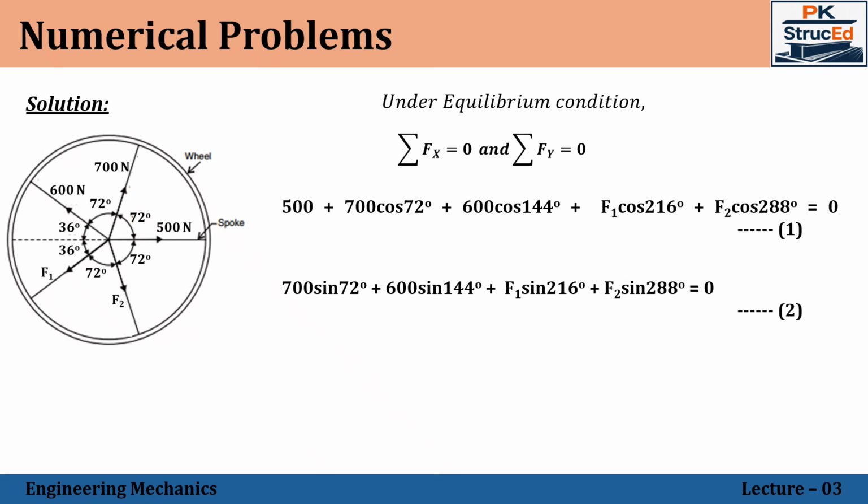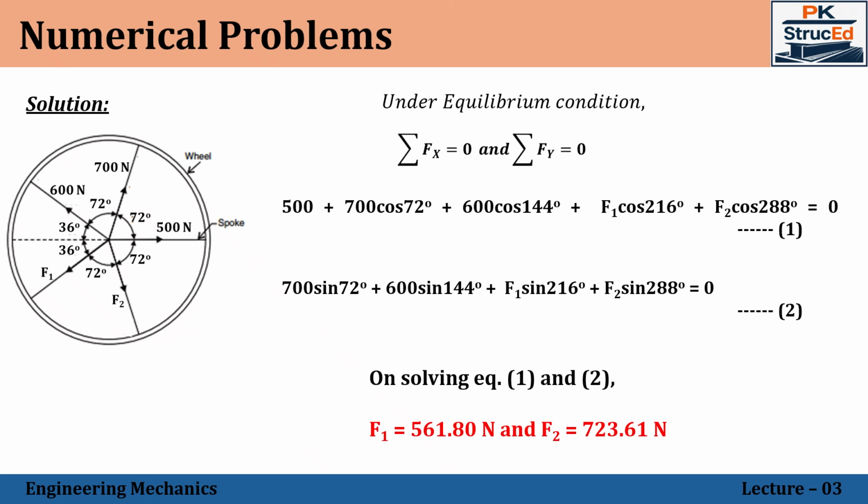So we have two simultaneous equations with the two unknowns F1 and F2. Solving these two simultaneous equations, we can get the value of F1 and F2 as 561.8 Newton and 723.61 Newton respectively. So this problem clearly demonstrates the power of resolution of forces in concurrent systems.